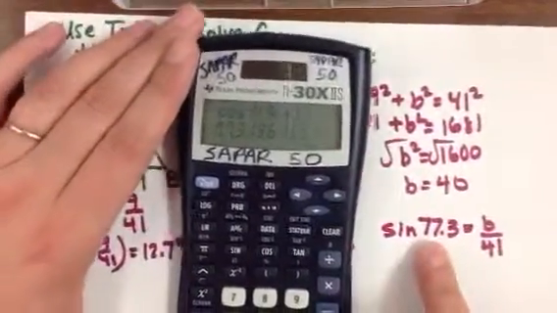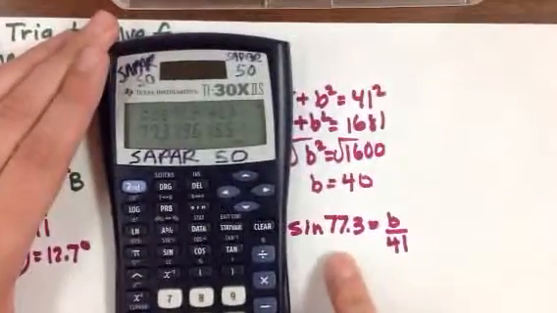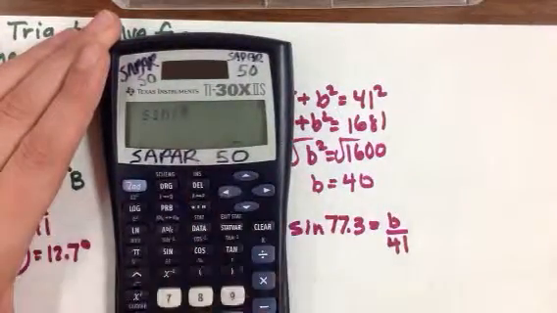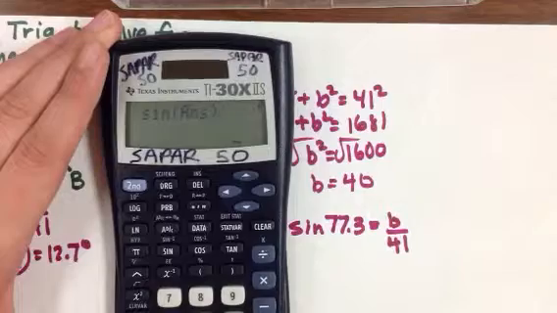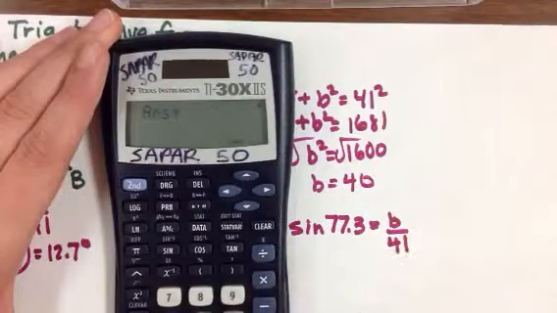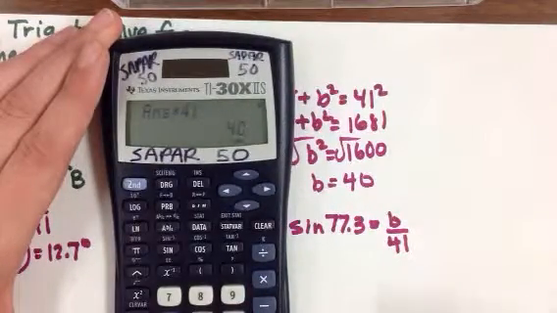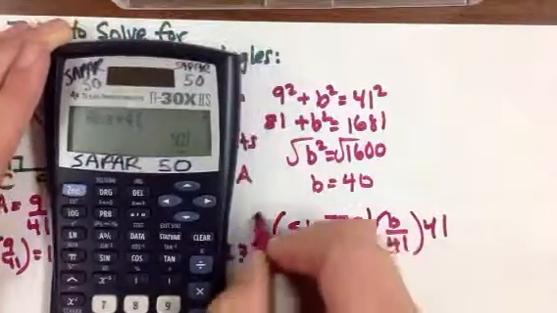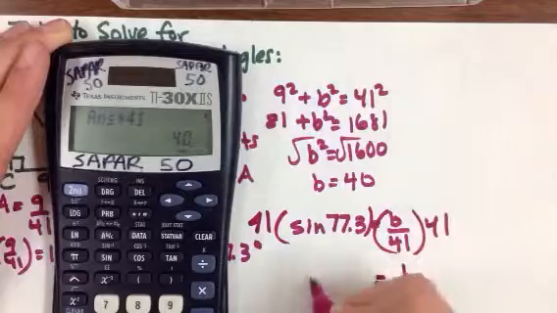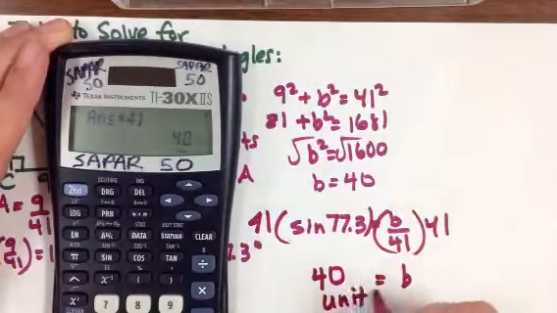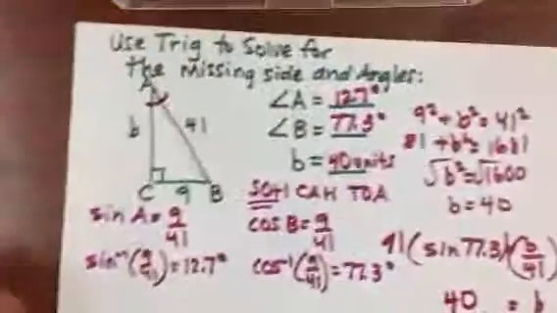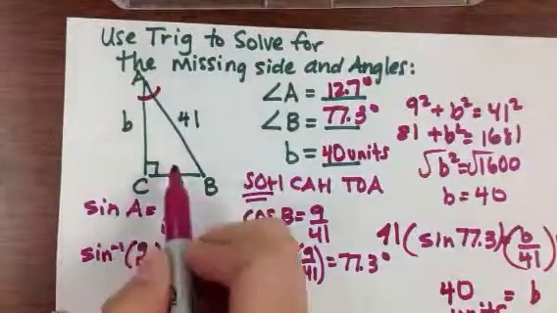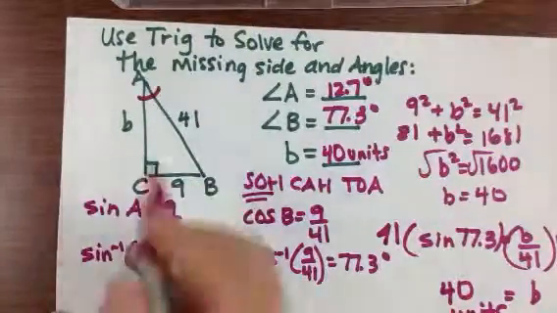So I find the sine of our last answer, and we multiply that by 41 to get b, and there it is. So b equals 40 units. And I solved all parts of my triangle. I now know the two angles that were missing and the missing side.